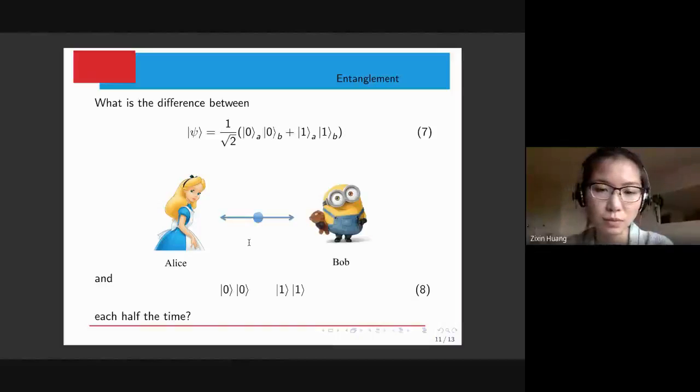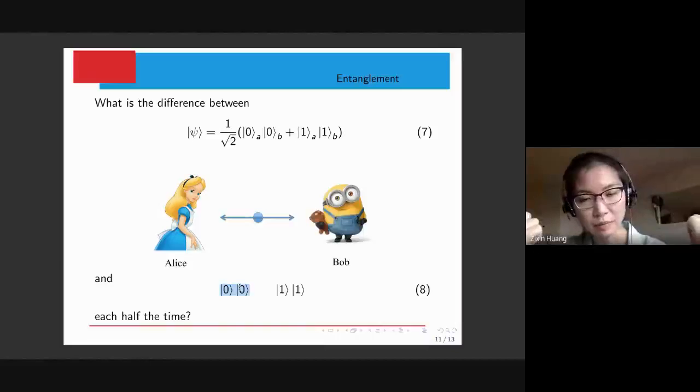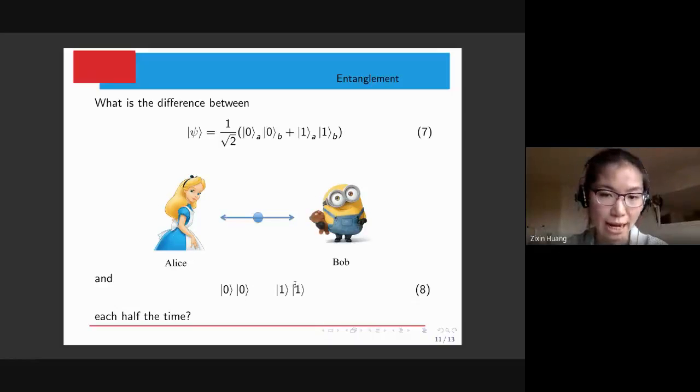Half the time the source will send out two zeros, so it sends Alice a 0 and Bob a 0, or the other half of the time it sends Alice a 1 and Bob a 1. In that case, their measurement outcomes in the 0 and 1 basis are still perfectly correlated.